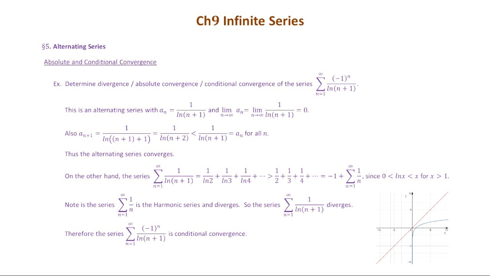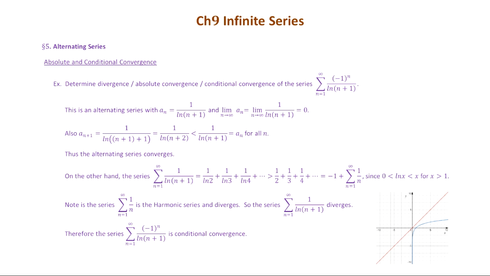And then let's look at the series of the absolute value of the terms. So we get 1 over ln(n+1) if we take out the signs of each term. That's just 1 over ln 2 plus 1 over ln 3 plus 1 over ln 4 and so on.